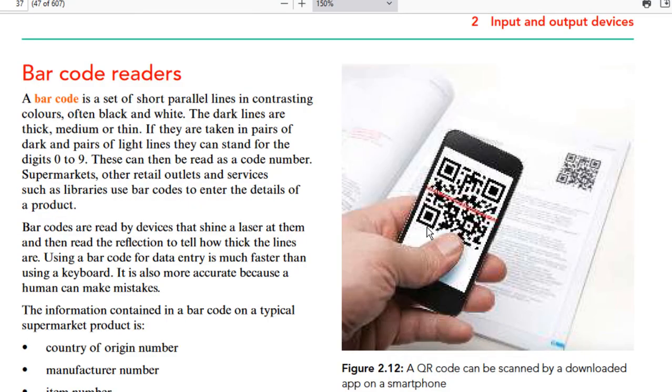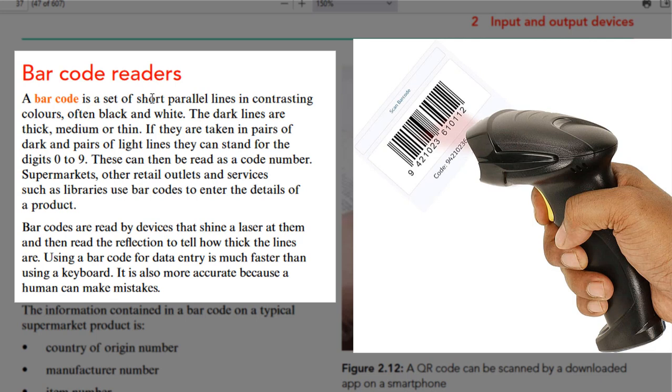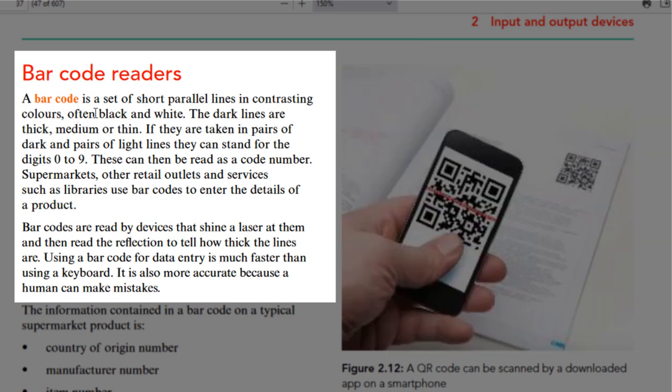Moving on to barcode readers, which everyone knows. It's not this one because this is QR, but barcode readers. A barcode is a set of short parallel lines in contrasting colors, often black and white. The dark lines are thick, medium, and thin. They have three sizes: thick, medium, and thin.